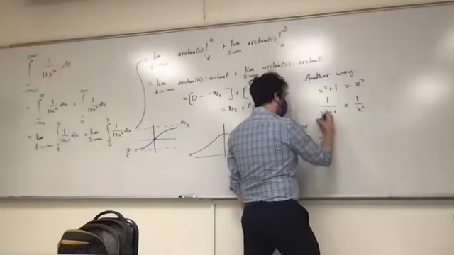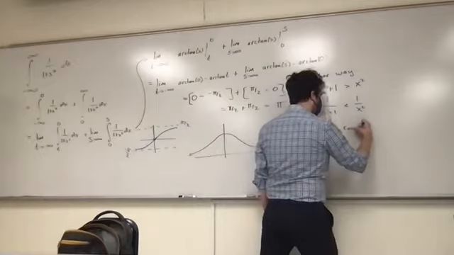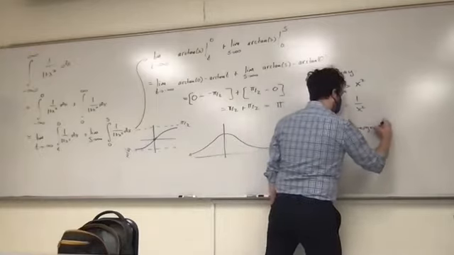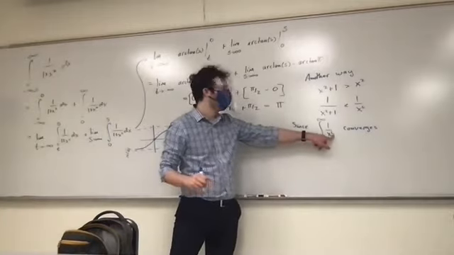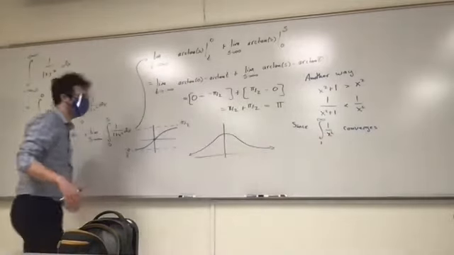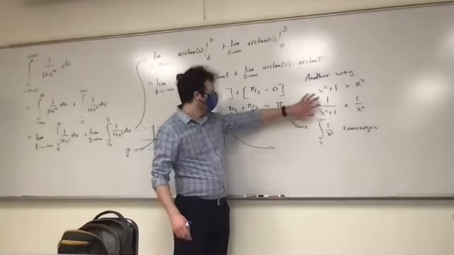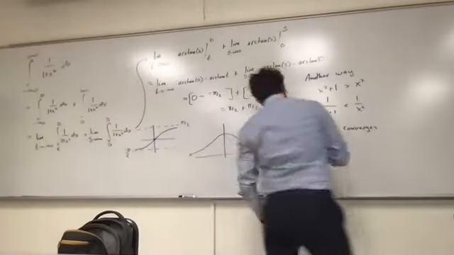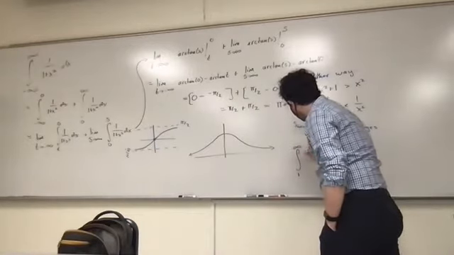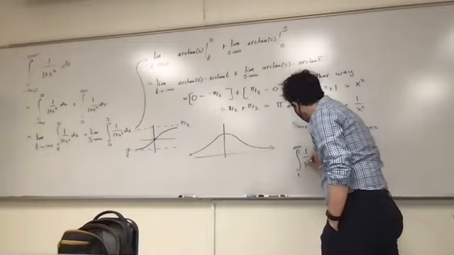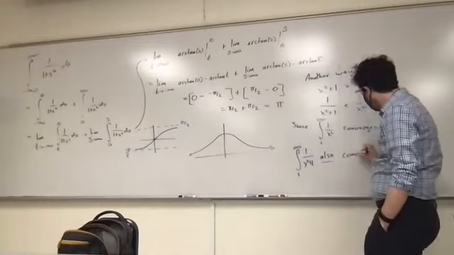So since the integral from 1 to infinity of 1 over x squared converges, last time we talked about these p integrals, and if this p is bigger than 1, then it converges. And it turns out that this is bigger than this function. So we can say that the integral from 1 to infinity of 1 over x squared plus 1 also converges.